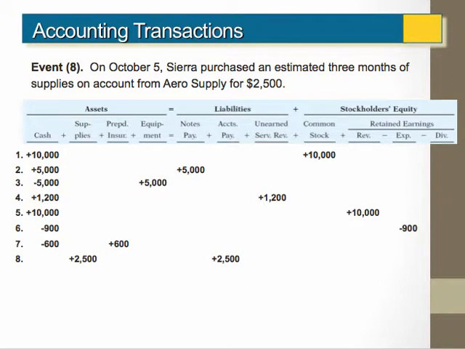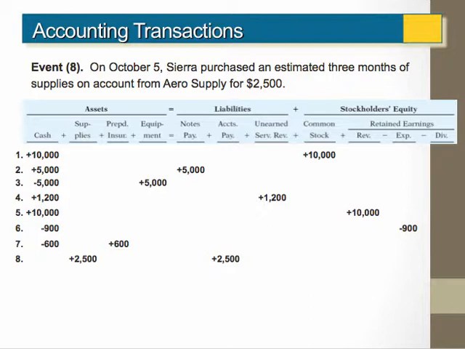Event number 8. On October 5th, Sierra purchased an estimated 3 months of supplies on account from Aero Supply for $2,500. The key thing here is that we didn't pay cash, we used credit. Whenever you see the word on account, you know that you've had a credit transaction.